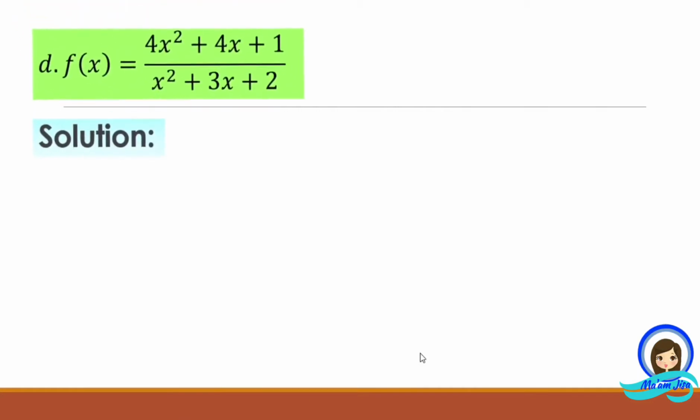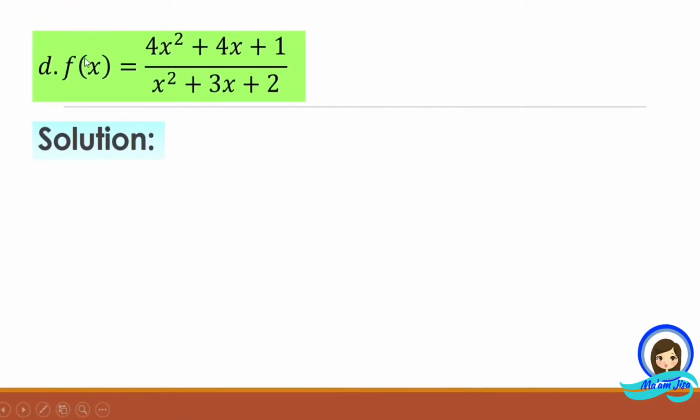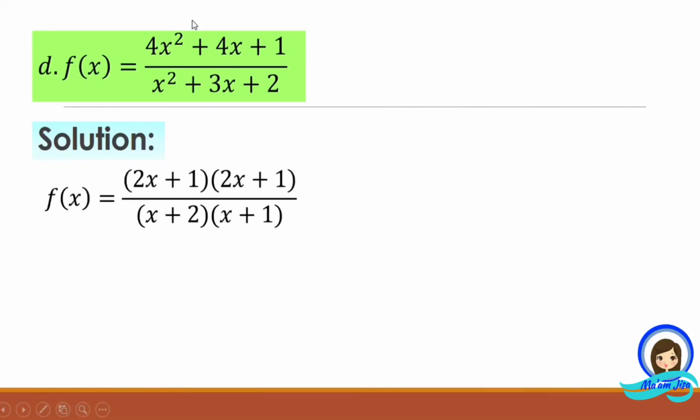Let's have our last example. f of x equals 4x squared plus 4x plus 1 over quantity x squared plus 3x plus 2. At one glance, you may think that finding the domain of the function is difficult, but it is just easy. We try to factor first the expressions in the numerator and in the denominator.